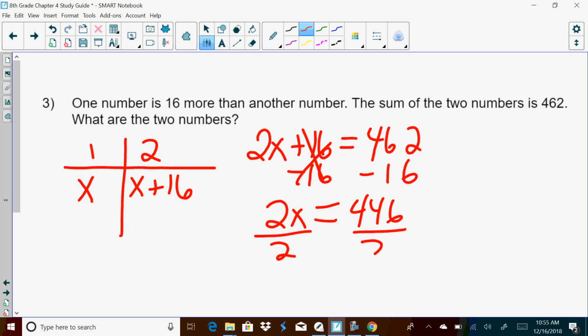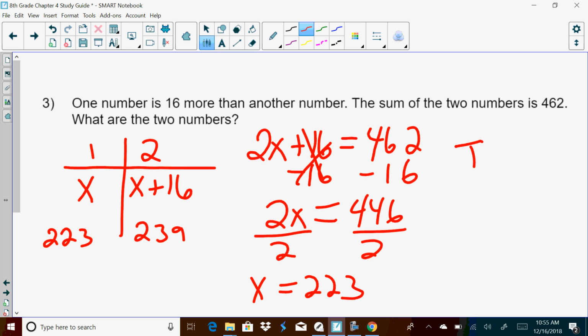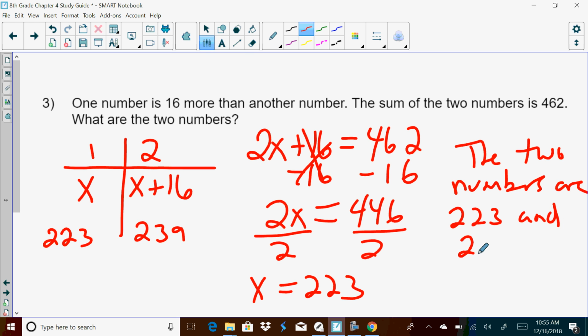Divide by 2. I get x equals 223. So if x is 223, plus 16 would be 239. So the two numbers are 223 and 239.